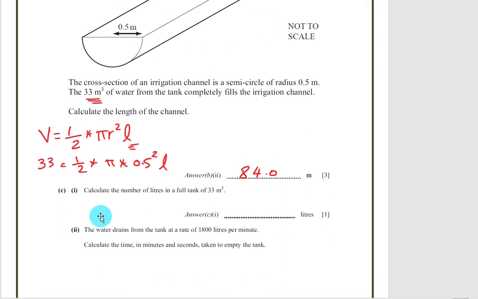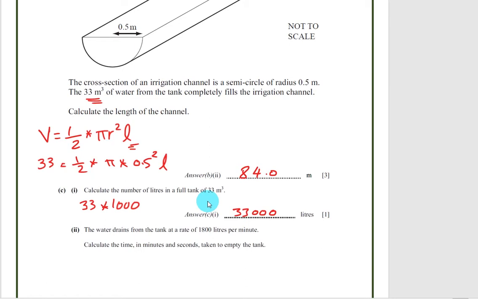Calculate the number of liters in a full tank of 33 meter cube. So we need the liters. 33 meter cube multiplied by 1000 will give us 33,000 liters.